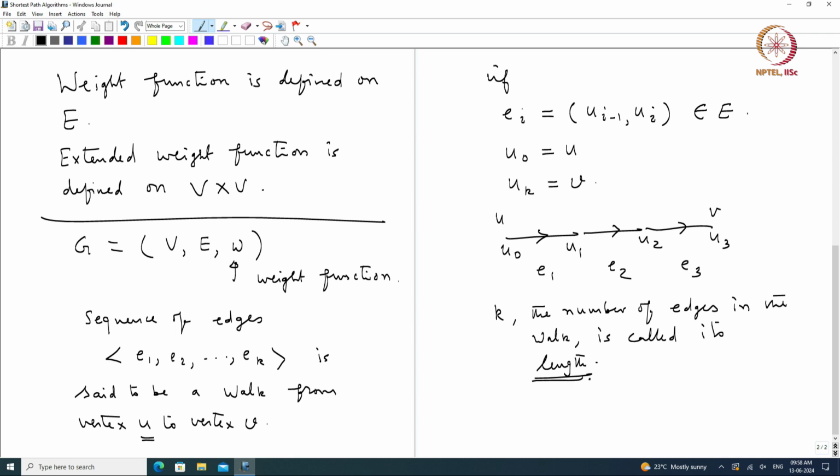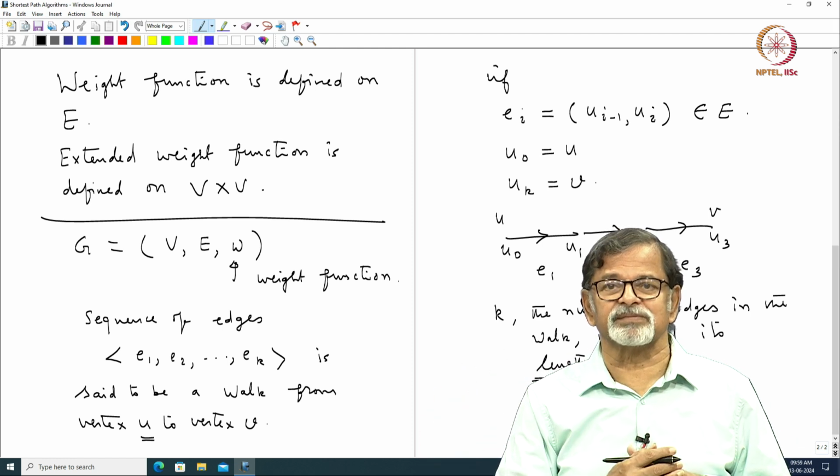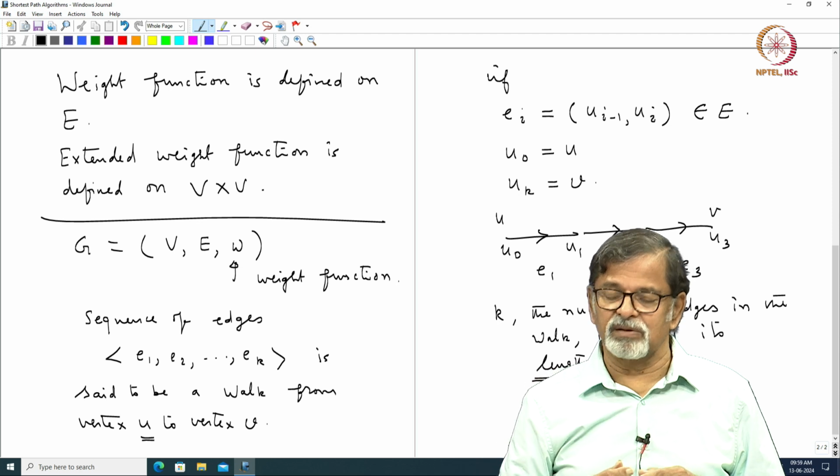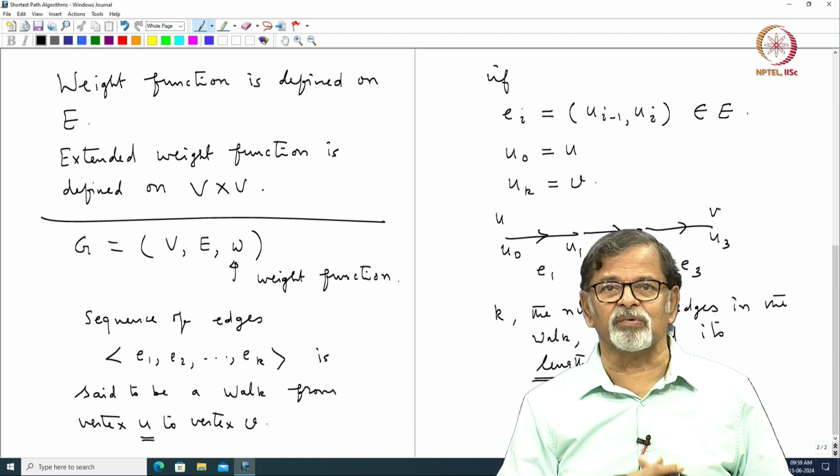So, a walk of length 1 means it is simply an edge. A walk of length 3 in this example is made up of 3 edges. Therefore, these 3 edges, when you chain up like this, define a walk.